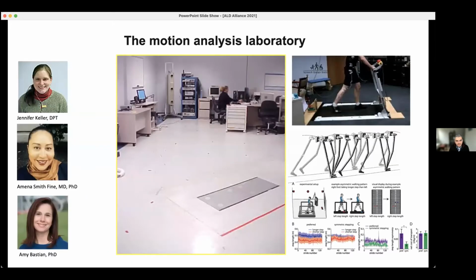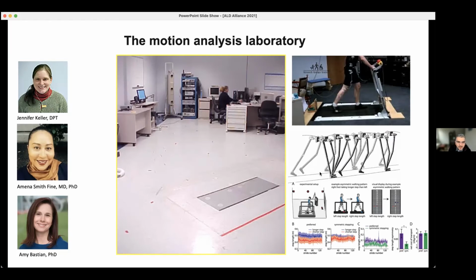So we have a motion analysis lab at Kennedy Krieger, which is run by our Chief Science Officer, Amy Bastian. And there's been a group of people working there for many years on AMN. There was a person who left the institute, Dr. Kathy Zackowski, and then Jen Keller, who've been working together for many years on AMN, and more recently, Dr. Smith-Fine. And I think Jen and Amina are both here today, so they can correct me if I say something wrong.